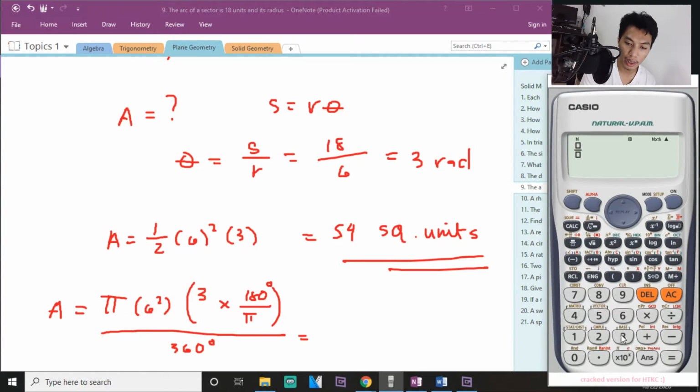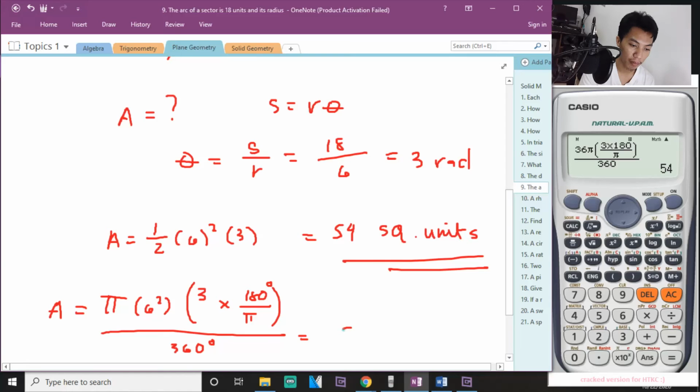So, calculate natin. 36 pi times 3 times 180 over pi, and then 360. This is 54. Okay? So, that is for problem number 9.